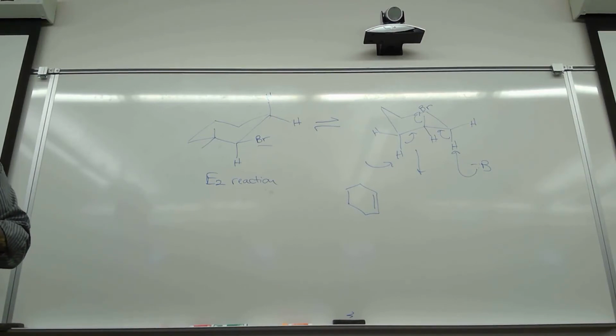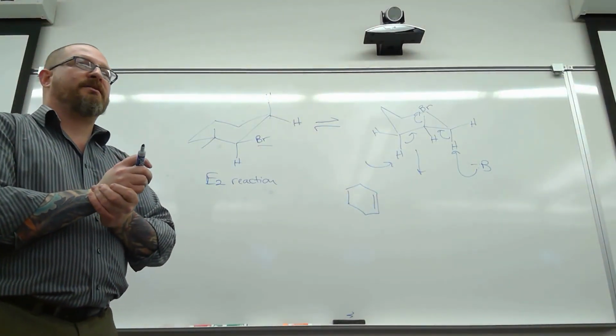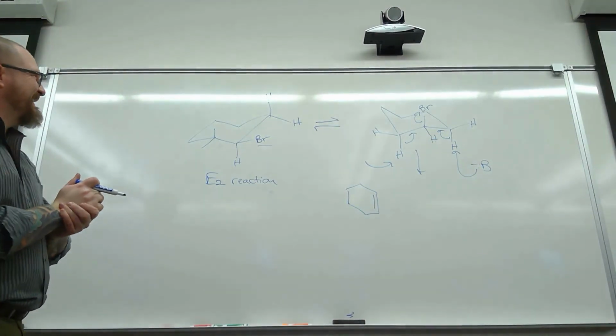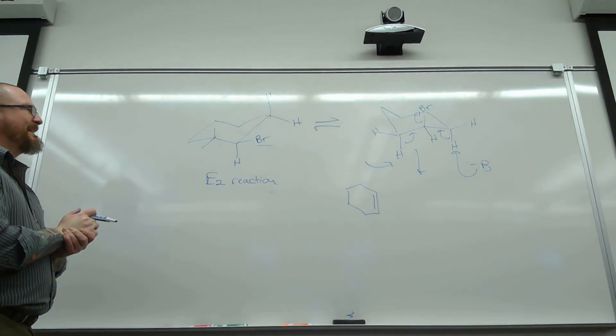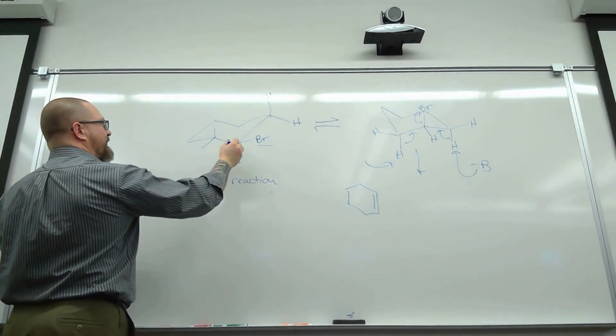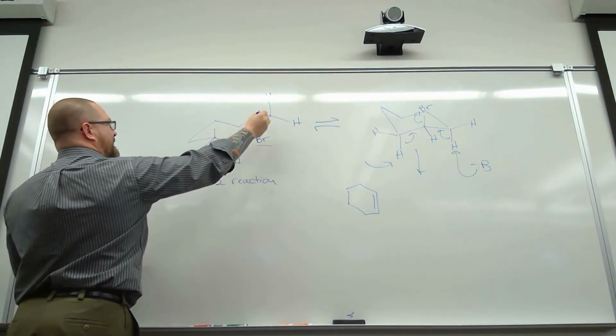Any questions about this before we move on? Yes. So you have the hydrogens and then the bromine on carbon 1 and 2 in the first one. Label this one as 1 and the other one as 2.